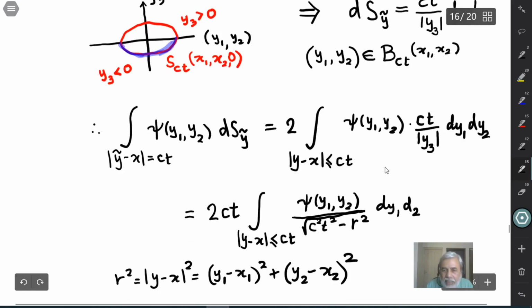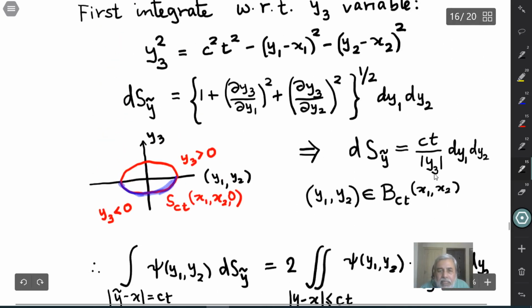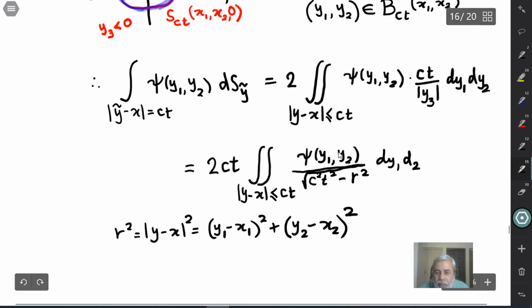So let me just stress that, it's a double integral. Right here also. And y3 I am replacing by this expression, so mod y3 is the square root of c square t square minus those two terms. So let's write that in a simplified form.